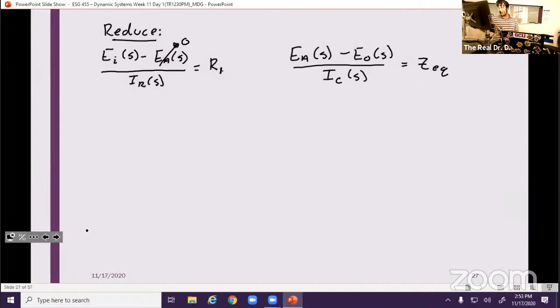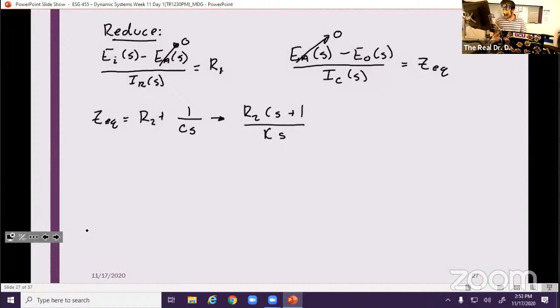This is also 0. So now we just need ZEQ, right? Well, ZEQ is R plus 1 over CS, or if we rewrite it, I guess this is R2, right? Because that's where we're at. This is R2 plus 1 over CS. It's not a K, it's a C.